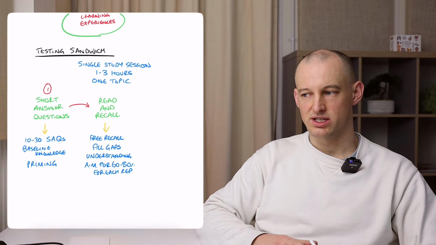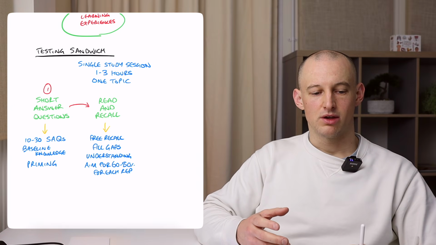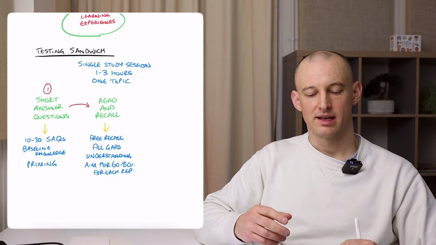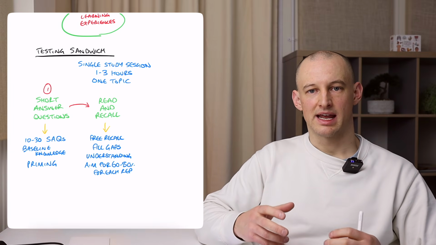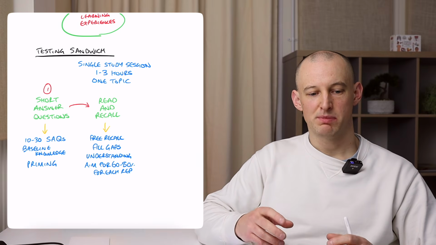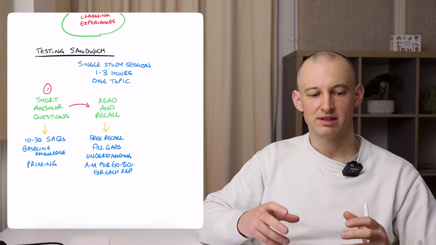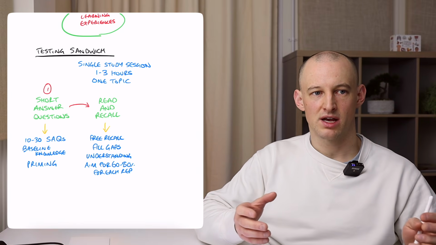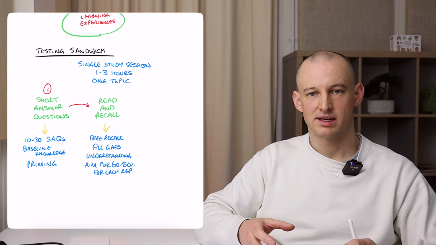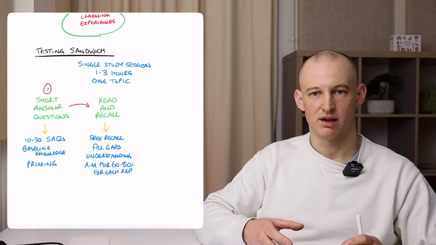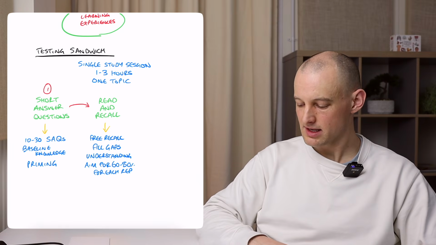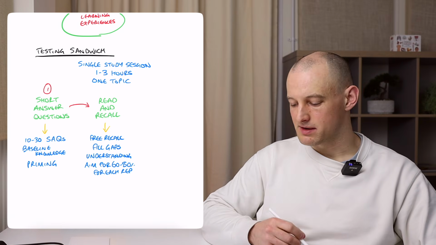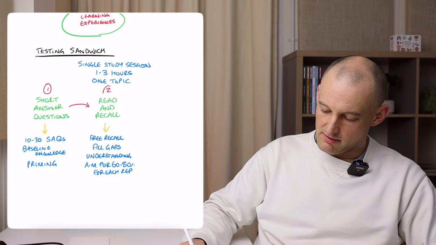So on that first repetition, or it could be the second or third, you're not aiming for 100% understanding and being able to recall it. Just pick out, as you go through each rep, the important things that you want to learn in that study session. Try and get an overall picture, pick out the important things, try to understand some topics that you think are important or some content, and then just keep moving forwards, knowing that you will come back to it. So that's number 2, read and recall.